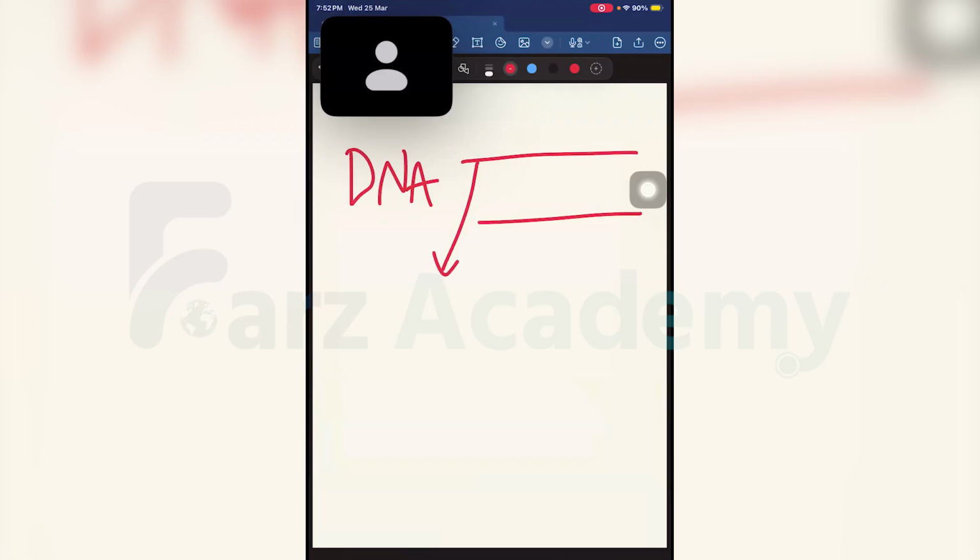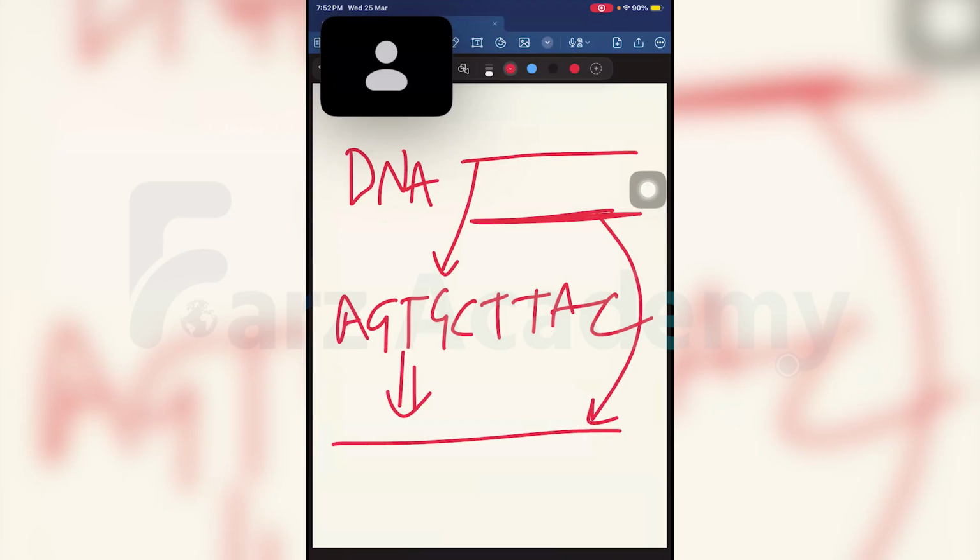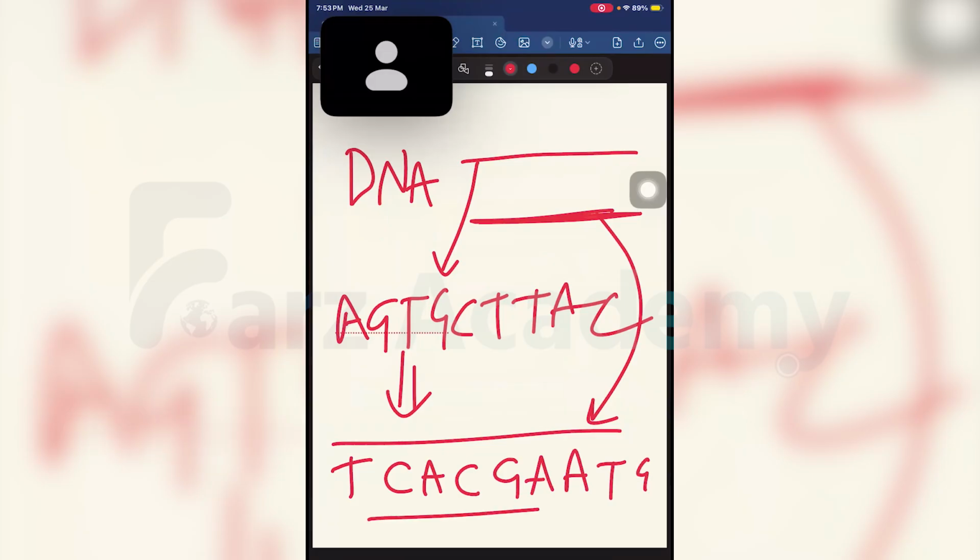If I tell you that this strand is AGTGCTTAC, can you tell me what would be this strand? Adenine will pair with thymine, guanine with cytosine. So this will be A, then C, G, A, A, T, G. Is this clear?